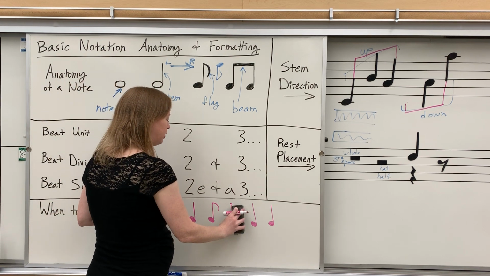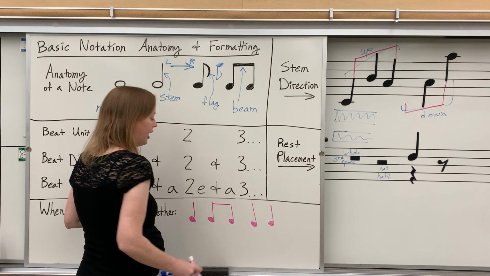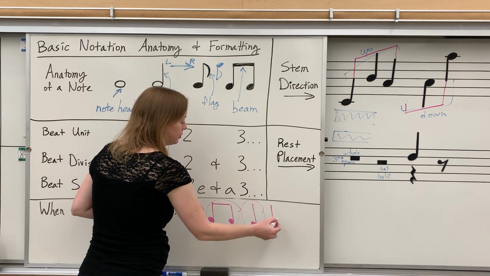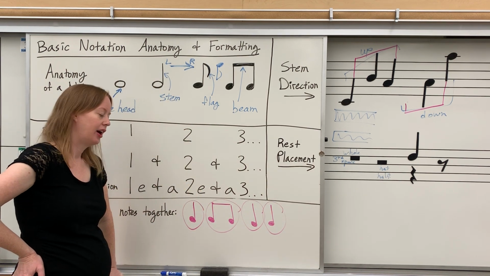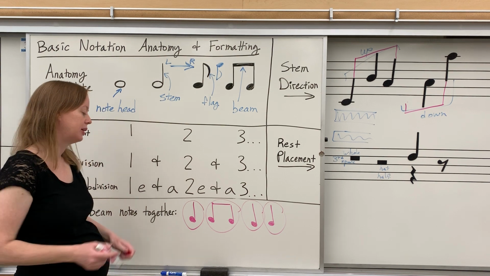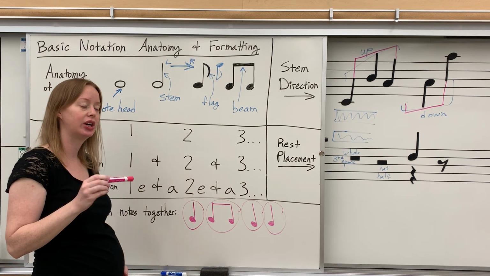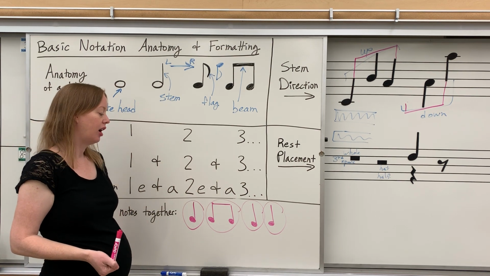So if I take my 2 flags right here and I beam these eighth notes together, now what I see is 1 group, 2 groups, 3 groups, 4 groups. And I can say, here are my 4 beats. This is really, really important for quickly assessing what is happening in a measure and where your counts are going to be as things get more complicated.